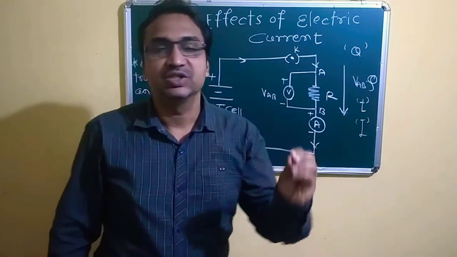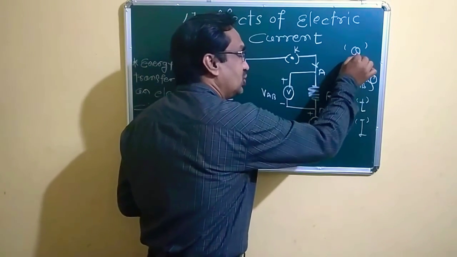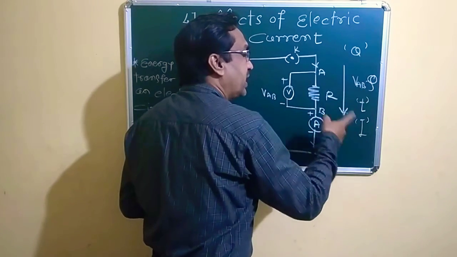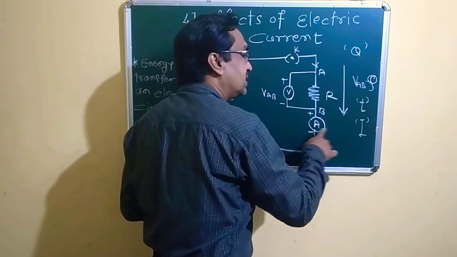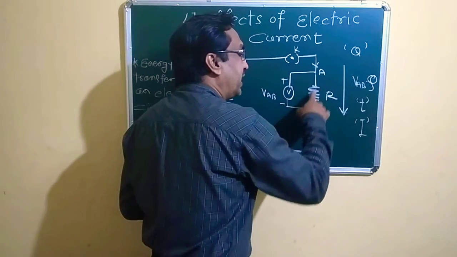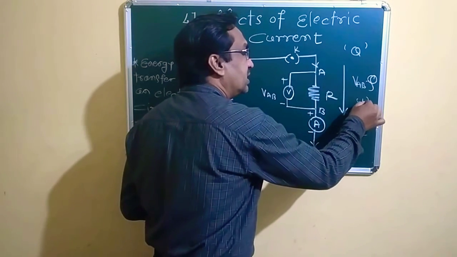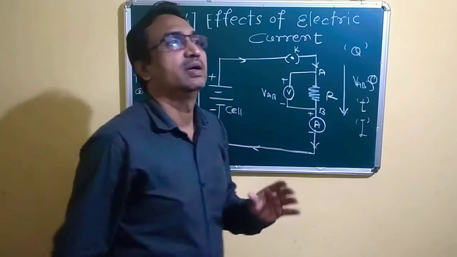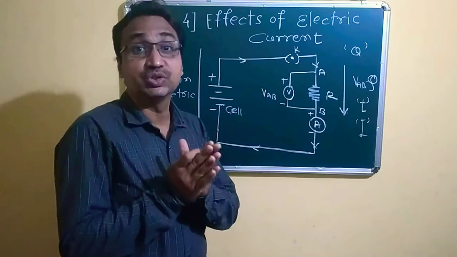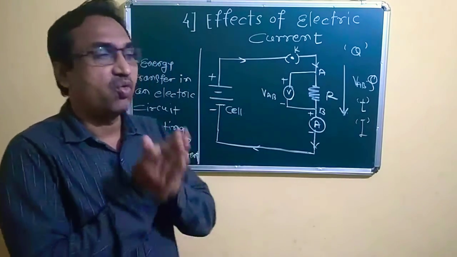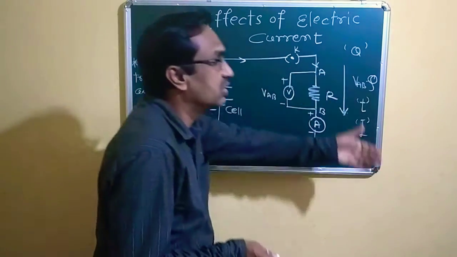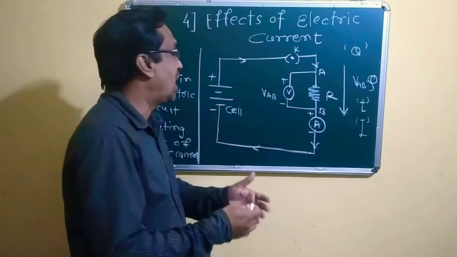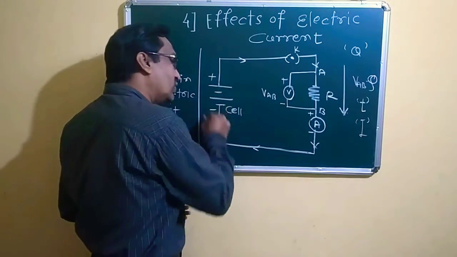To carry the charge Q from A to B, the amount of work done is VAB into Q. At that time the current flowing in the circuit is I, and the time required is T. The main source of providing the energy is a cell.